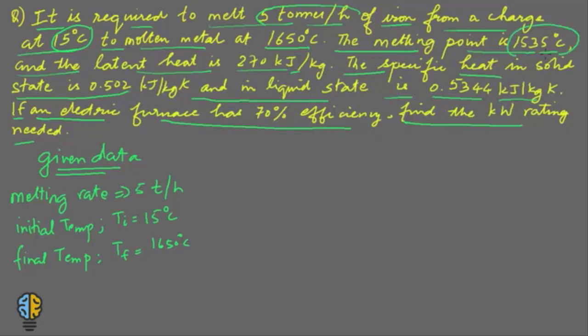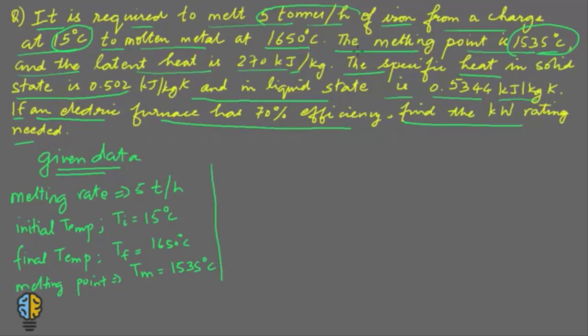The melting point of the iron, let me write down, Tm, is 1535 degrees Celsius. So this is the given data.